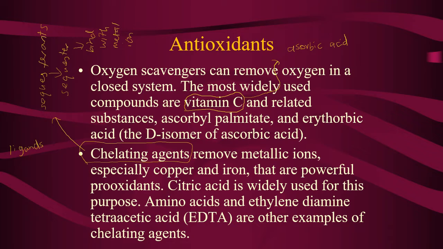Okay, so chelating agents are normally bidentate or polydentate ligands which are able to bind copper and iron, because copper and iron are powerful pro-oxidants. Instead of binding to the active site in the food product, they will bind with this chelating agent and leave the food product unbound, meaning the oxidant aspect of the food is still there.